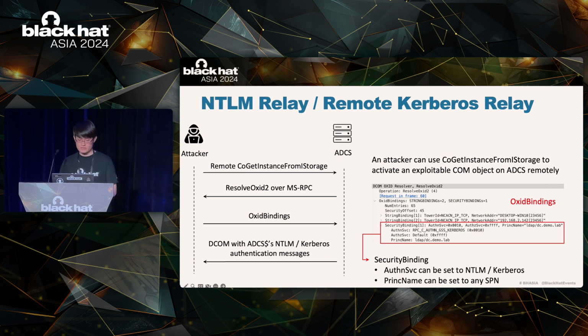When ADCS connects back to the attacker, the attacker returns a forged OXID binding to the ADCS and sets the security binding to require NTLM or Kerberos authentication. ADCS will use the specified authentication method and ADCS machine account to authenticate to the attacker.